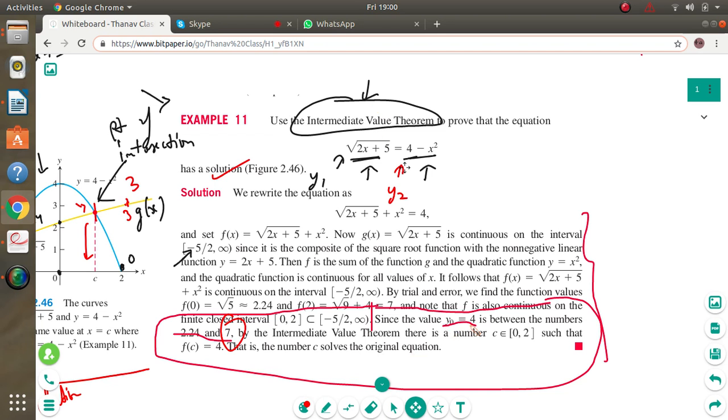C, we don't know. C is lying somewhere between 0 and 2. Solution finding is not our purpose here in this question, but you can find it out using a calculator or any manual method. C lying between 0 and 2, that's what the intermediate value theorem says always.